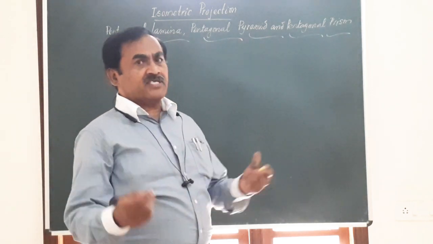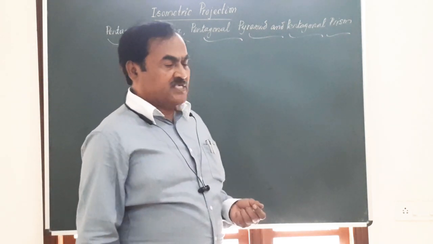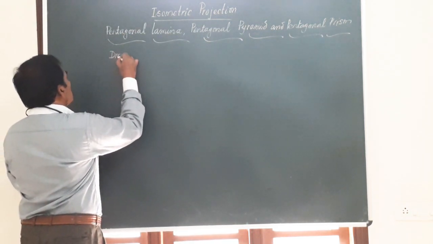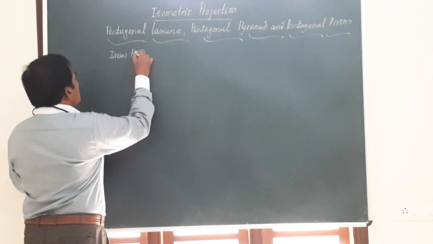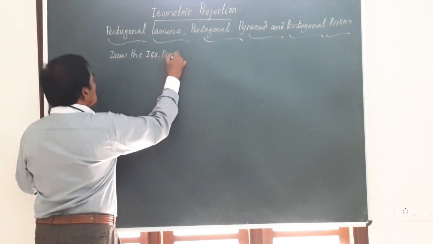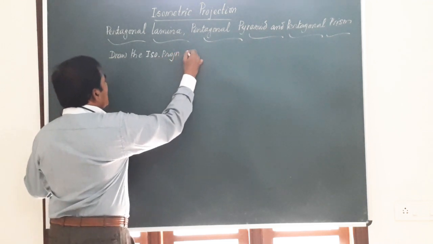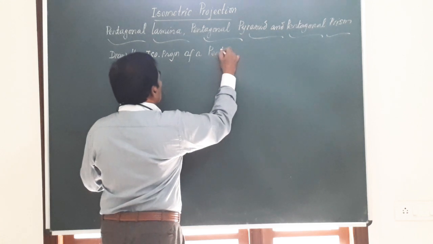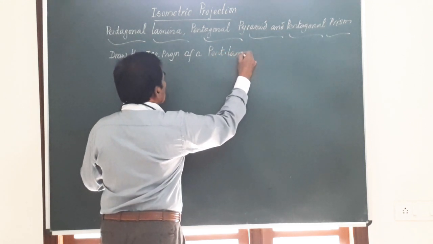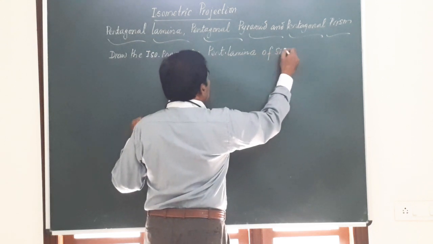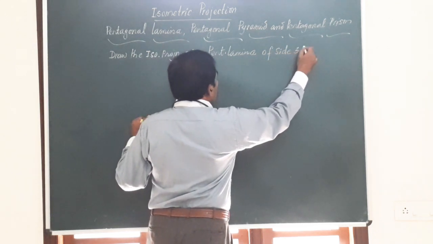So I'll just give a question like this. Draw the isometric projection of a pentagonal lamina of side 30 mm.